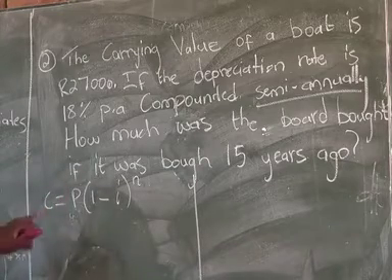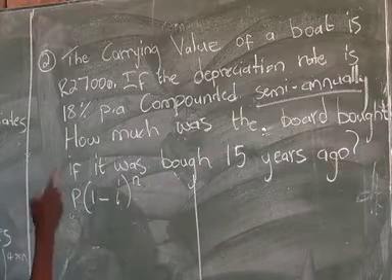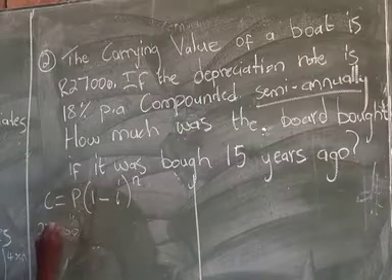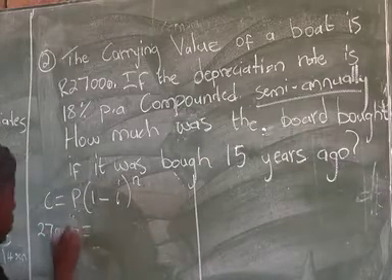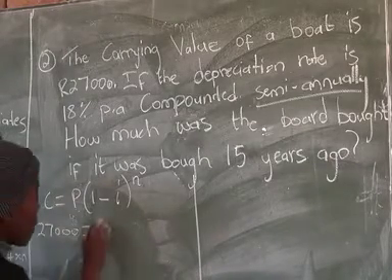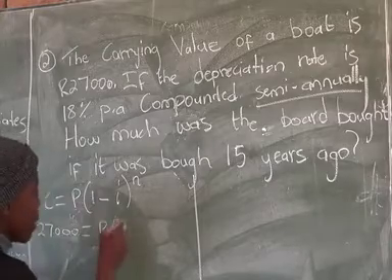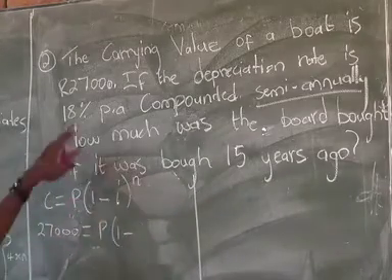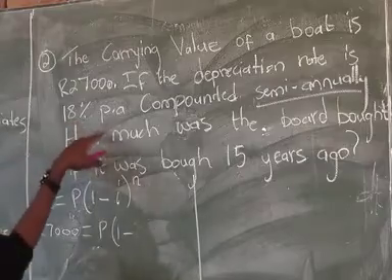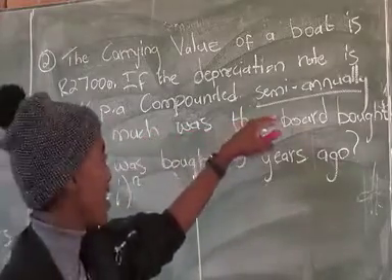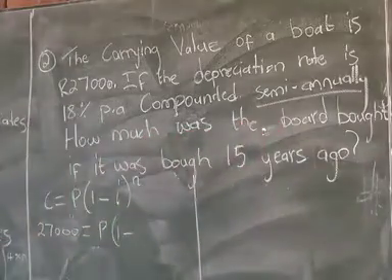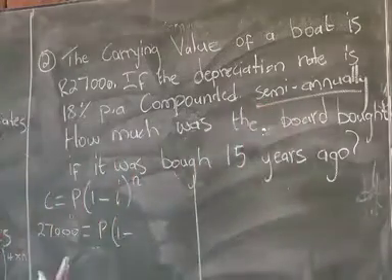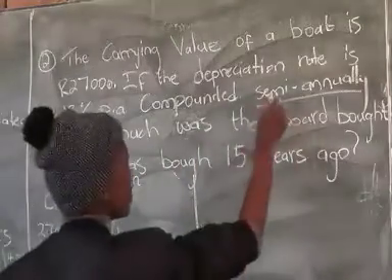So I'm going to substitute these values into this formula. The carrying value is 27,000, that's what they gave us. What we are trying to calculate is the principal amount, P. How much is our i? 18%, but note that it's compounded semi-annually. The word semi means twice a year, so if you get semi-annually, twice.